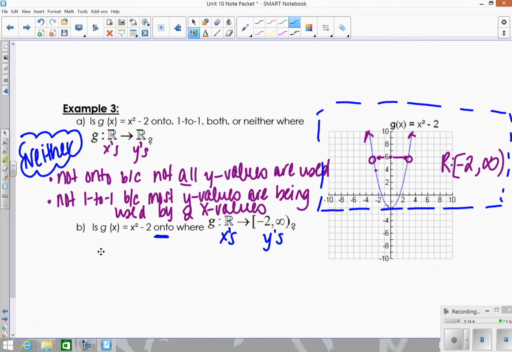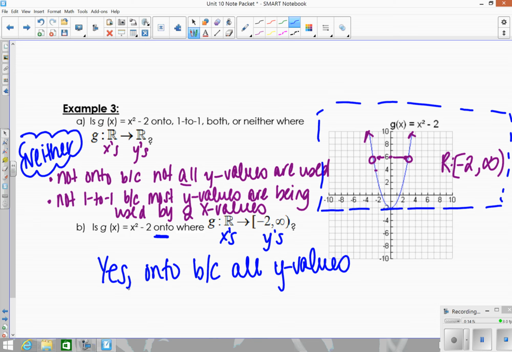So yes, it now is onto, because all y values are used over this interval from -2 to infinity.